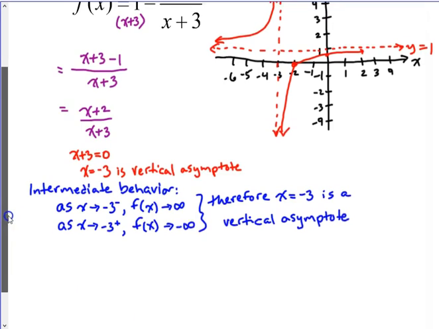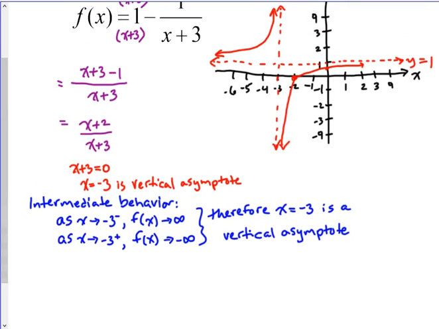Okay, let's go a little further and figure out the end behavior. So your end behavior is what happens out at the extremes, at the ends. And what we say is, as x approaches -infinity, and then as x approaches +infinity, what's y doing at those points?